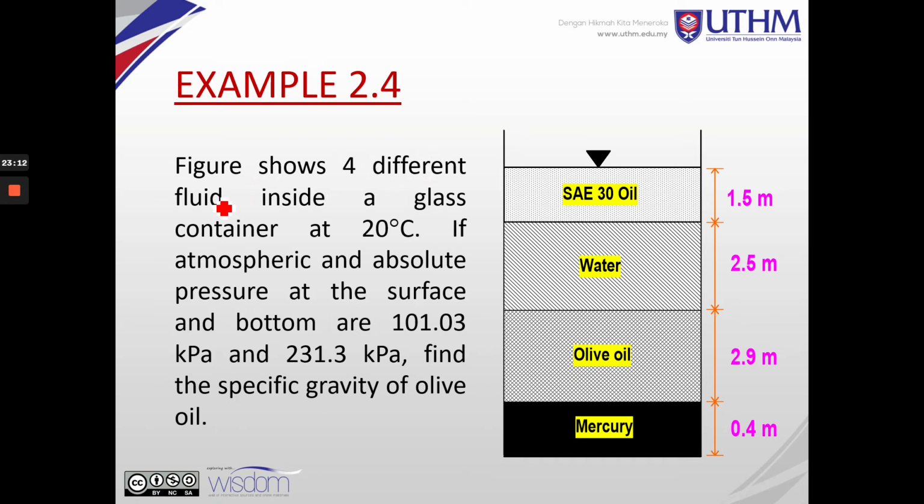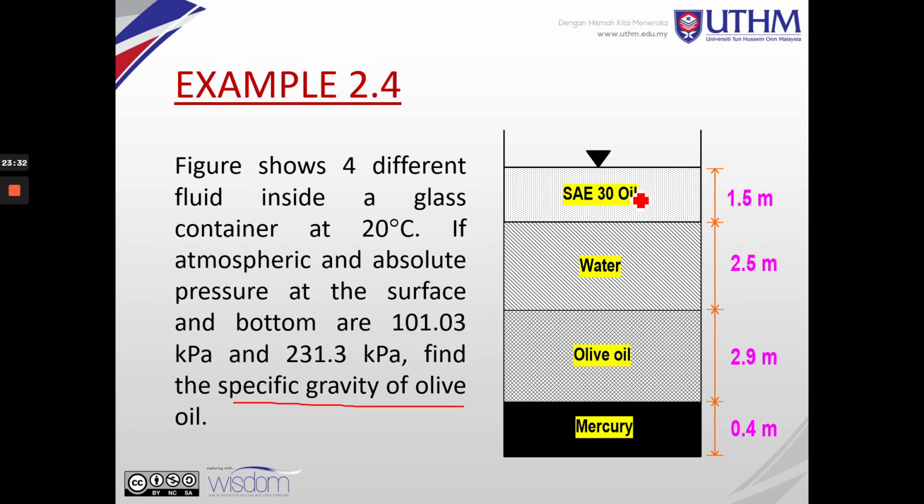The figure shows 4 different fluids inside a glass container at 20 degrees Celsius. If the atmospheric and absolute pressures at the surface and bottom are 101.03 kilopascal and 231.3 kilopascal, find the specific gravity of olive oil.